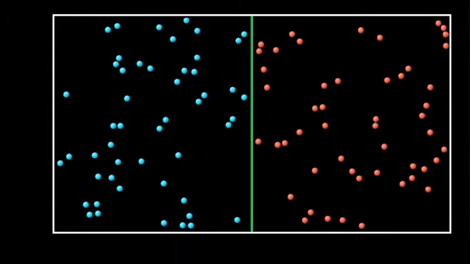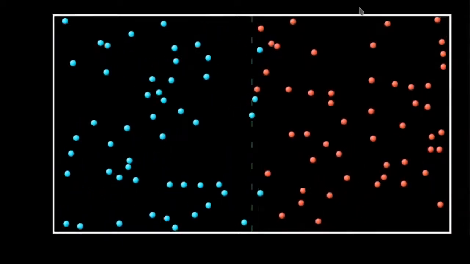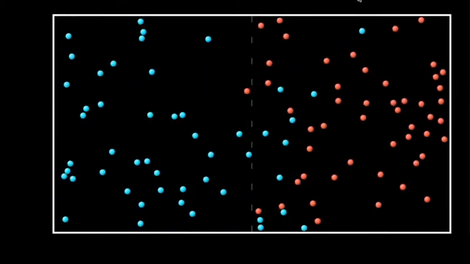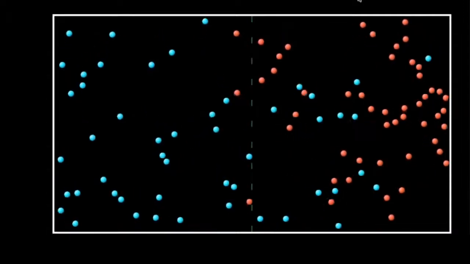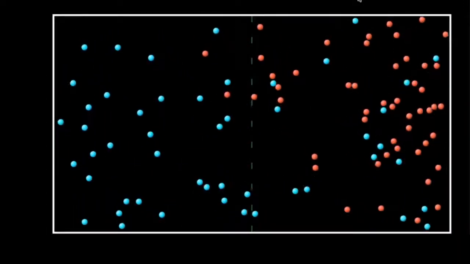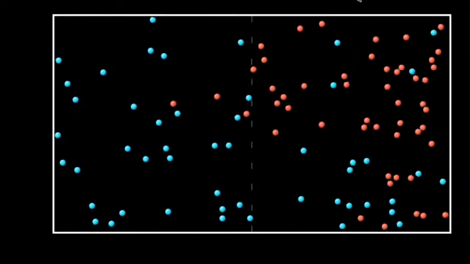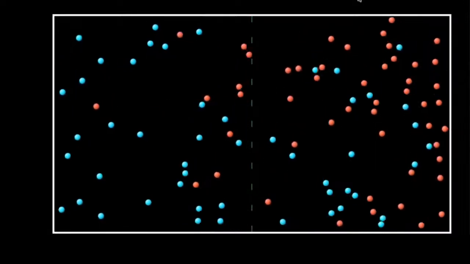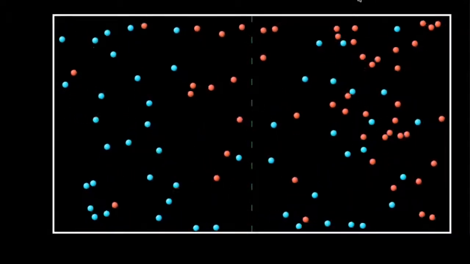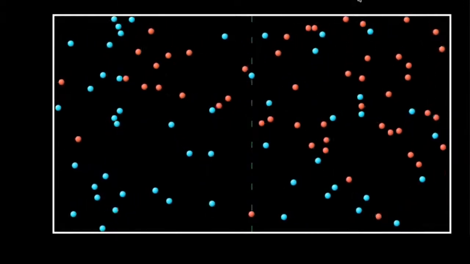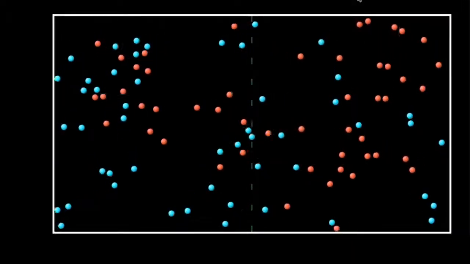But once we move the divider out of the way, the faster atoms now collide with the slower atoms and transfer their energy. And after a while, all atoms have more or less the same average amount of energy. That's when we have a thermal equilibrium.